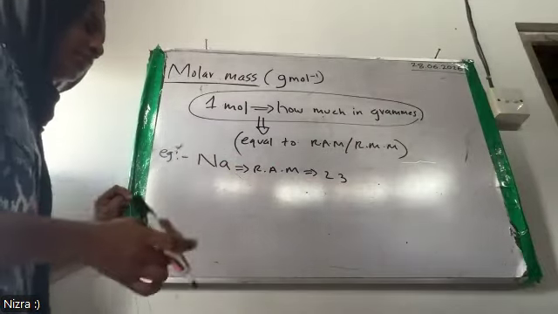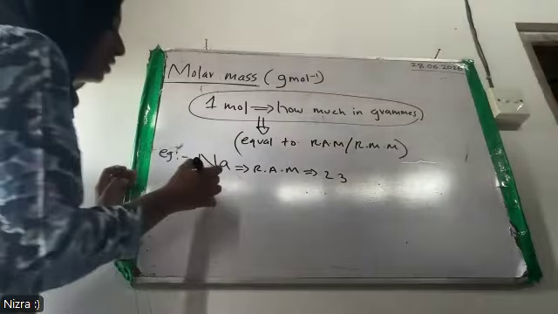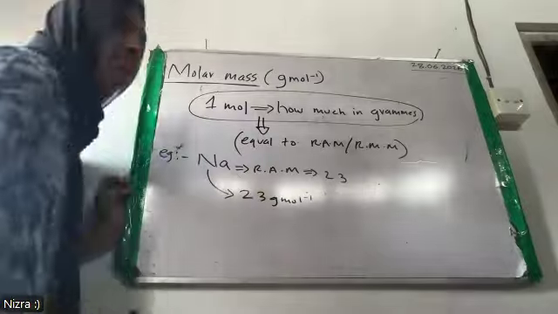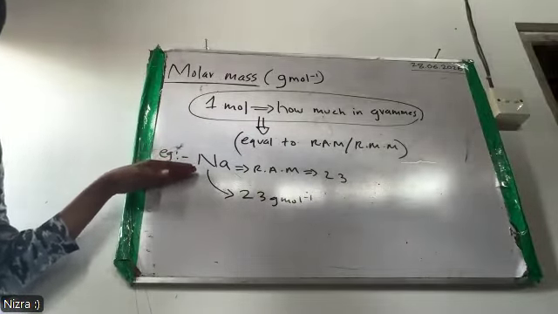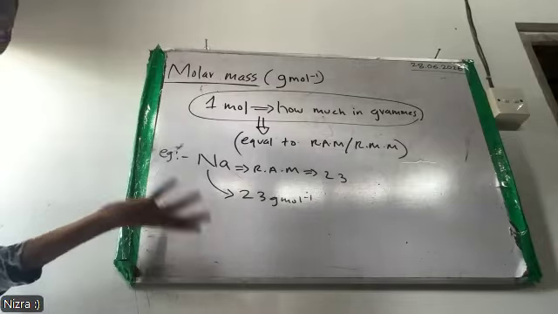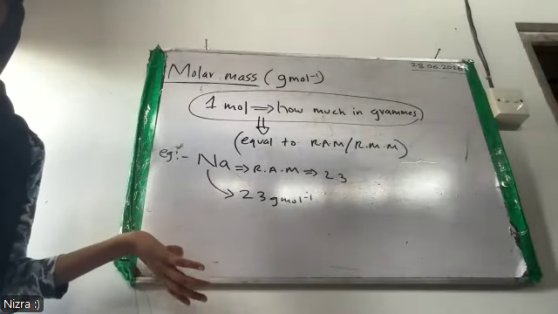Yes. Sodium is 23. Then what is the molar mass of sodium? 23 grams per mole. The relative atomic mass of the element is its molar mass. That means if you take 1 mole of sodium, how much will it weigh? 23 grams. Did you get the point?